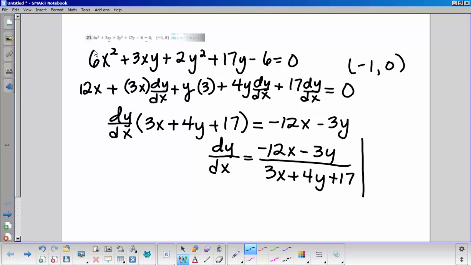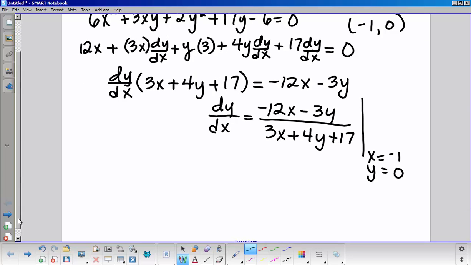And now we want x equals negative 1 and y equals 0, right? Because we need the slope. So what happens when x is negative 1? We get 12 up here, and then the y is 0, so that goes away, and we get over negative 3 plus 17, 14, and we can reduce this to 6/7.